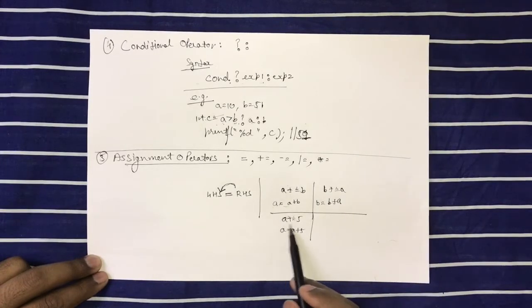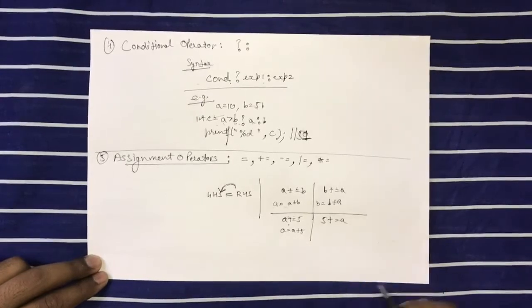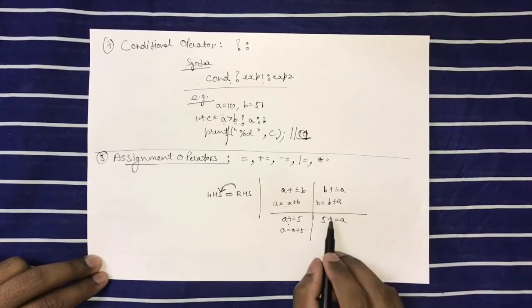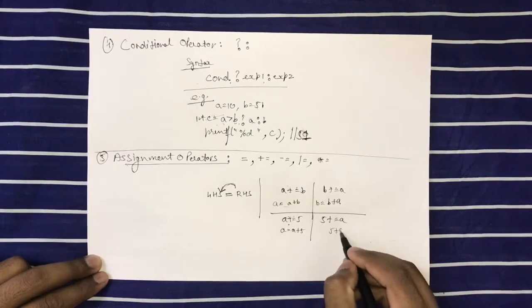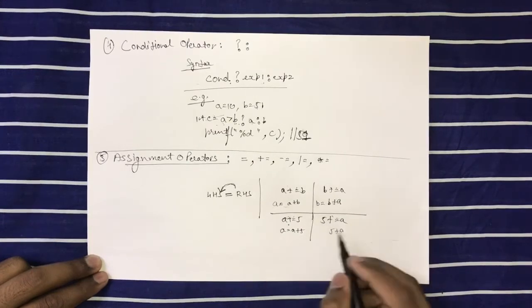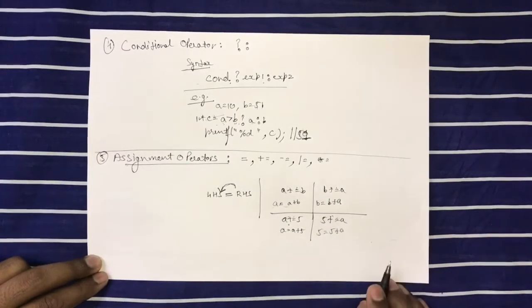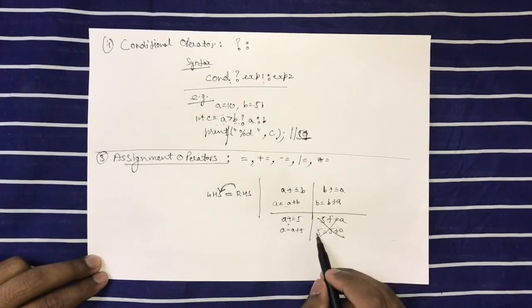Say I do the opposite of this, which is 5 plus equals a. What would happen? First these both would be added, 5 plus a, and on the left hand side of the equal to operator what is there? 5. So it would be stored in 5, which is not possible. You cannot store a value inside a data.